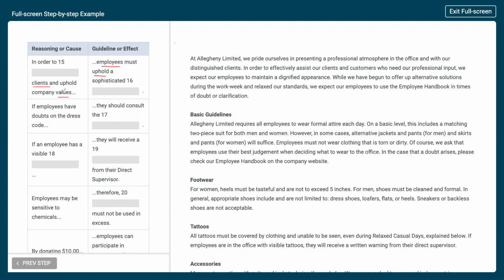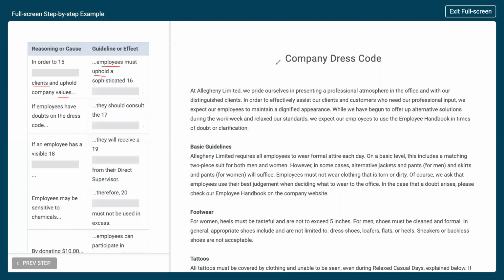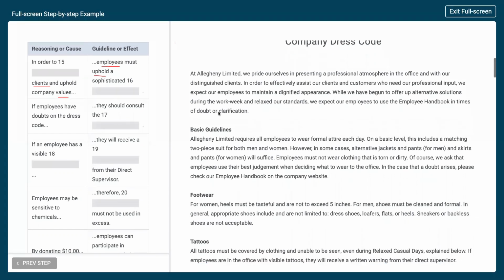Now, you don't necessarily have to start with number 15, but I just find it's a bit easier to start from the beginning. So we'll just scan as we go along. We're looking at company dress code, so it's all going to be about clothing and presentation, and that fits in with what we learned here from our keywords, so good job. Okay, so I'm just going to start scanning here.